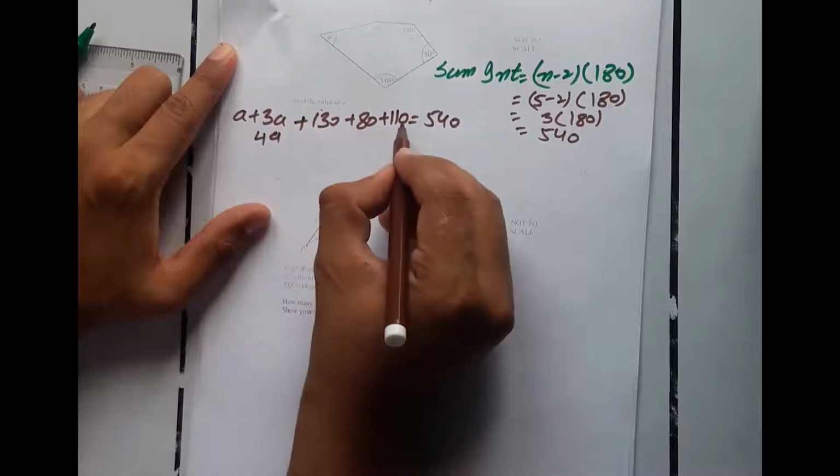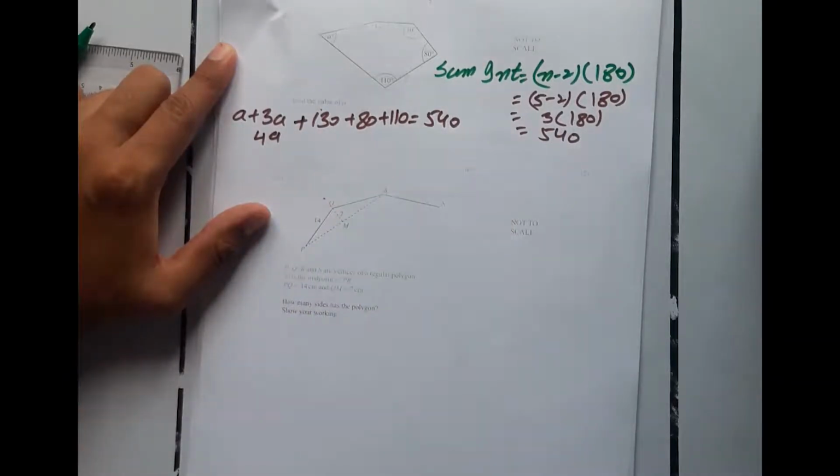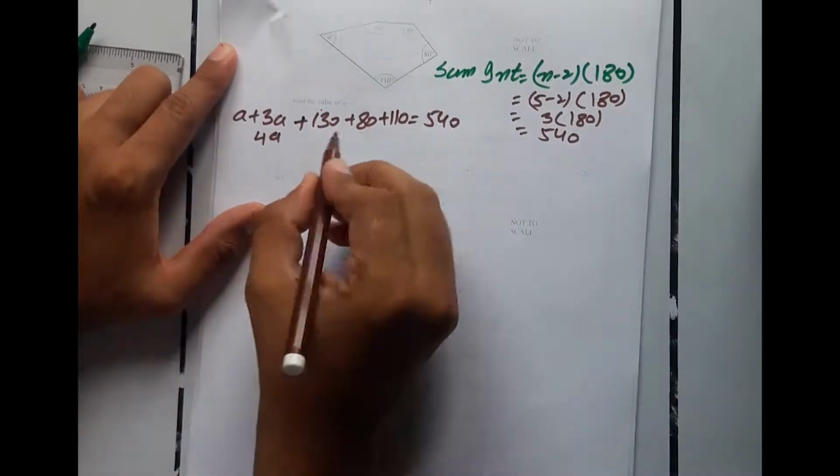130 plus 80 plus 110, and subtract it from 540.